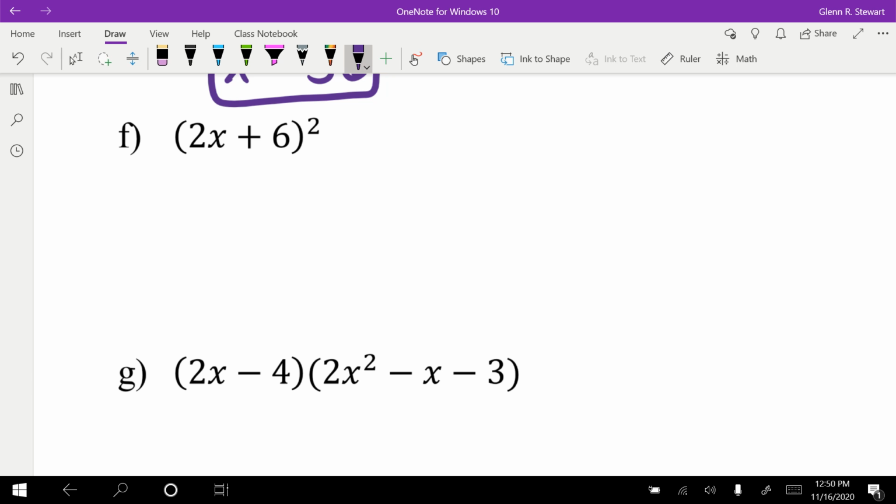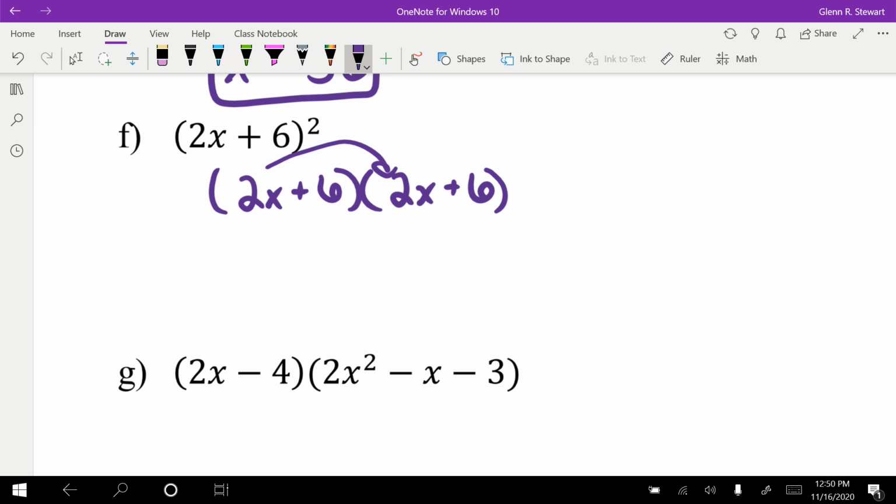This first one says 2x plus 6, and it has a 2 or a squared outside of it. On these types of problems, you actually have to rewrite it twice and then FOIL. So 2x plus 6 times 2x plus 6. Okay, then FOIL or the double distribution.